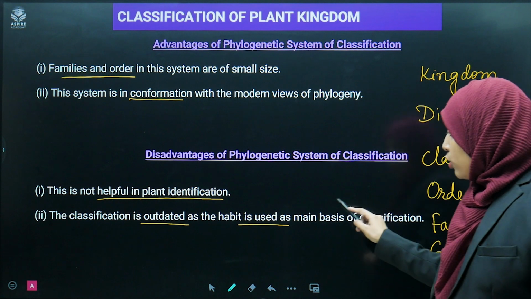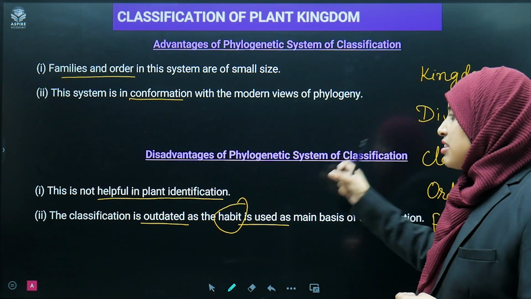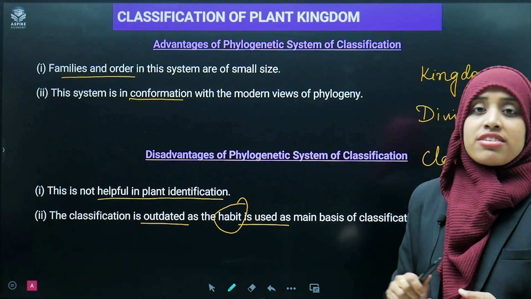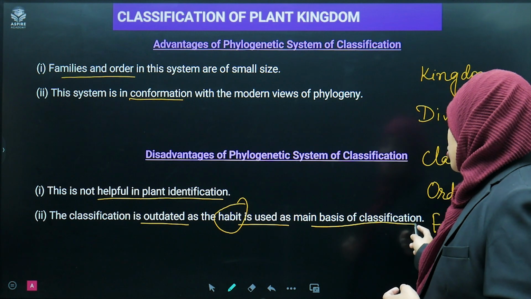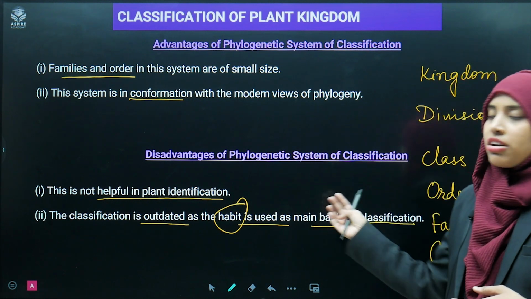Okay, habit को जो use कर लिया, that means where the plants are found. So this habit को अगर main focus दिया गया, that was the main disadvantage. ठीक है, main basis of the classification, habit was given importance. So this is the disadvantage.